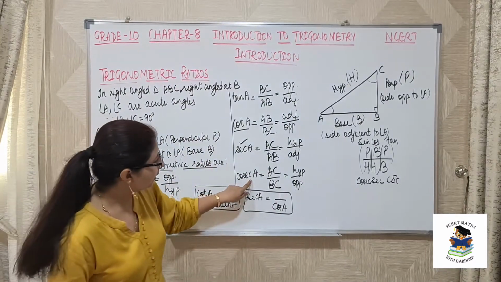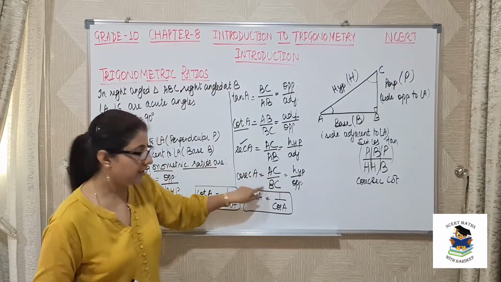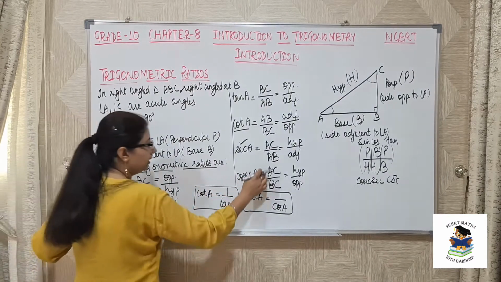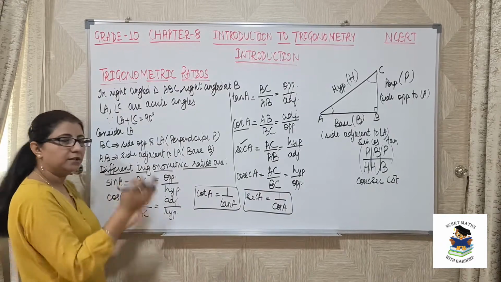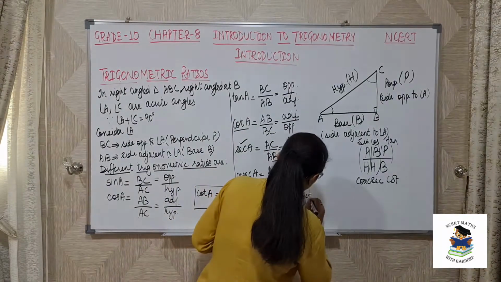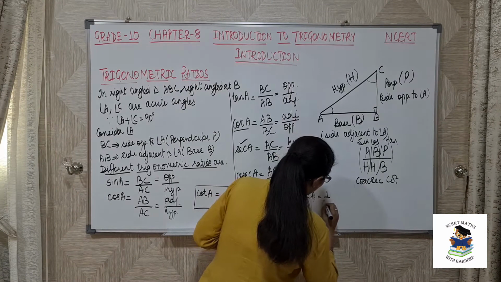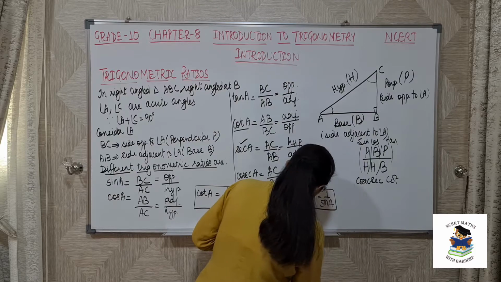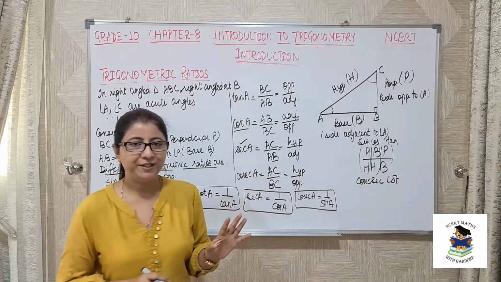Next thing is cosecant. Cosecant is AC by BC. So here see sin A. This is again BC by AC. Same values but reciprocal. So cosecant A is 1 over sin A.